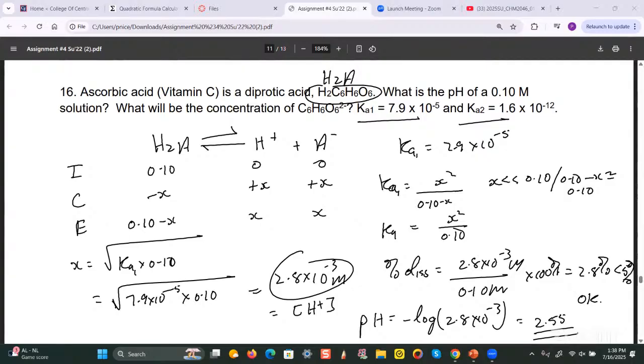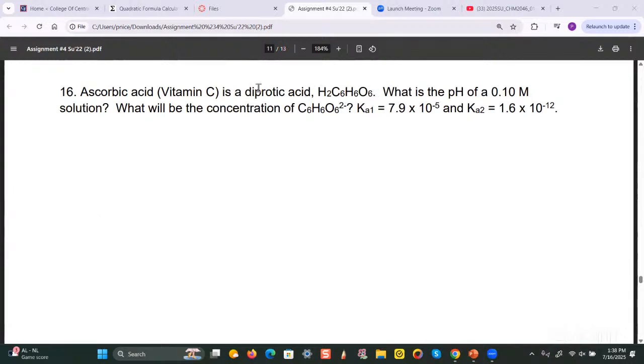Okay, so let me clear this. Now, this question is asking for the concentration of A2 minus, all right?